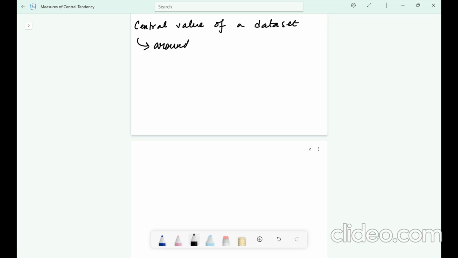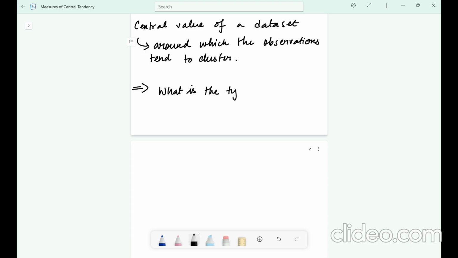So in simple words, it's like asking, what is the typical value of my data? And the answer is the central tendency.